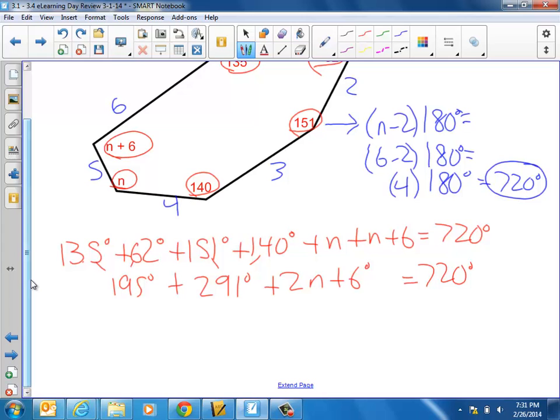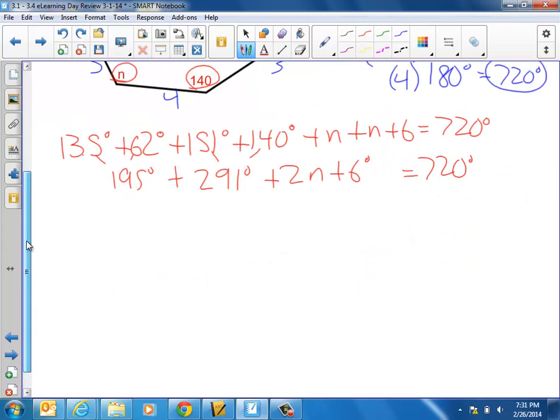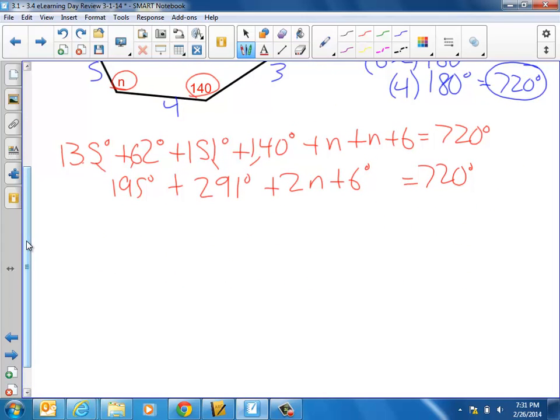All right, let's combine further on the left. We've got, let's see, 195 plus 291 is 486, plus 6 is 492 degrees when we add these on the left, plus 2n equals 720 degrees.